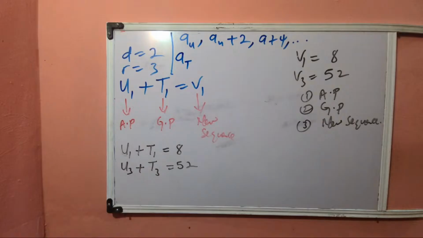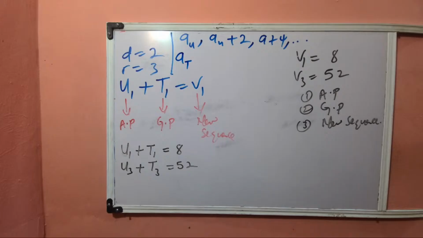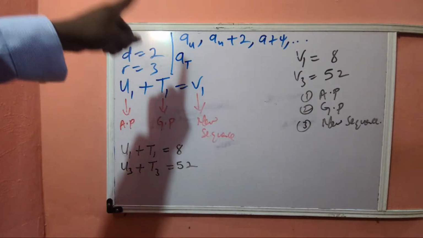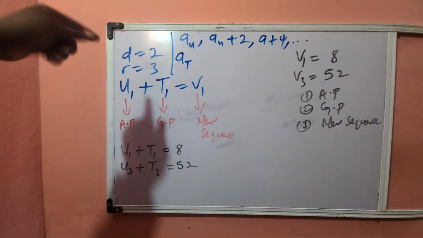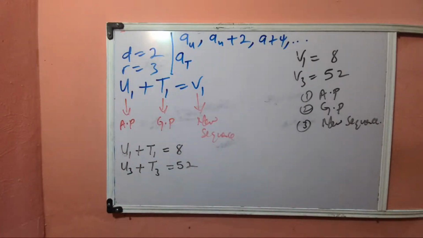AT rather, because for the GP we're using T. So this is the first term of the GP. But how do we get the next term? We get the next term of a GP. Don't forget A, then the next one will be A times R, then A times R square, and on and on.